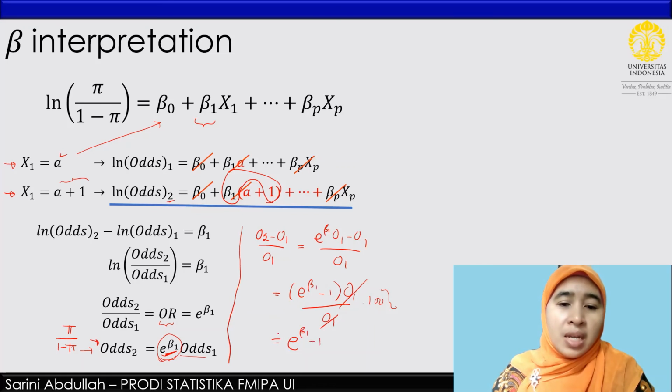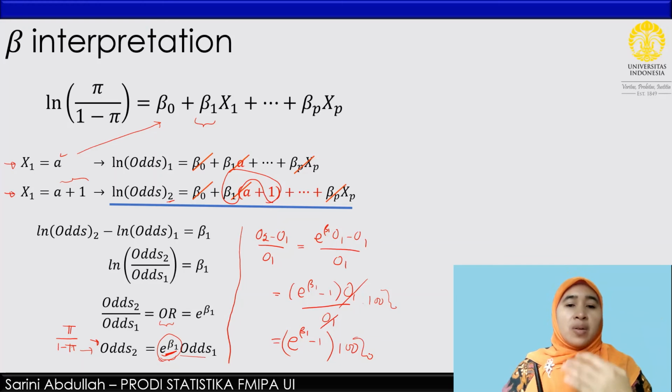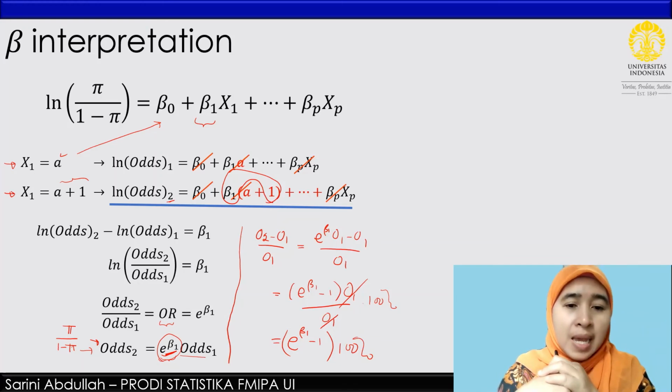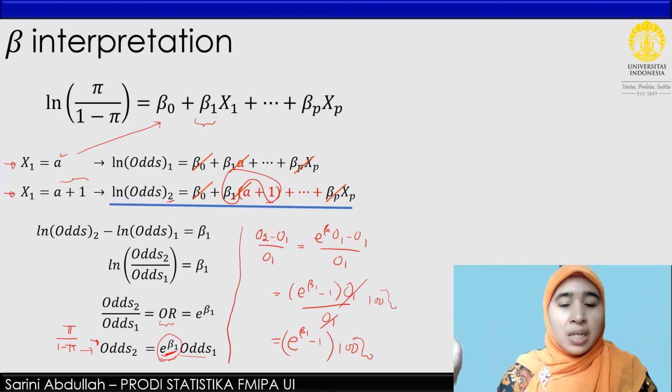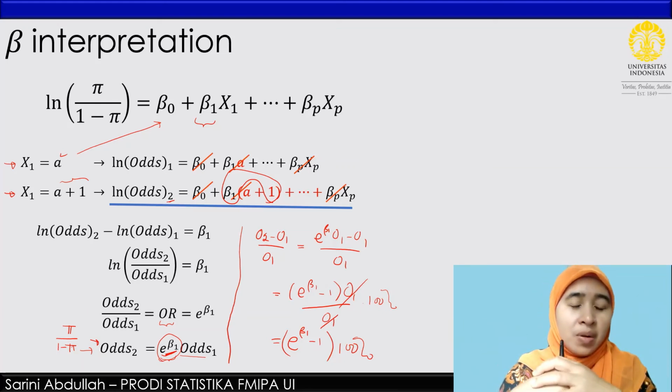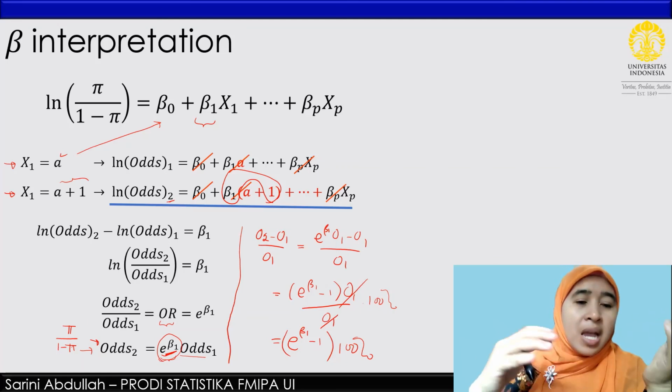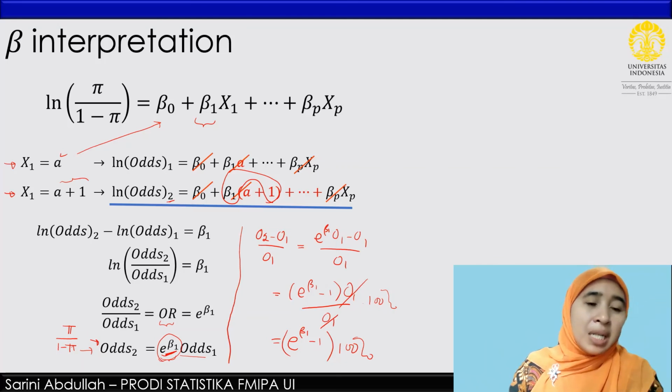So we can say the odds is increased by (e to the power of beta 1 minus 1) times 100%. Or if we want to tell the story about the end condition, we can say the odds is now e to the power of beta 1 times the initial odds.